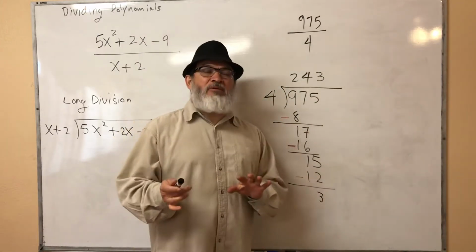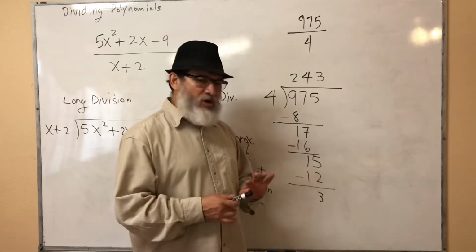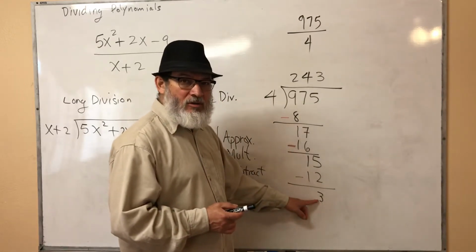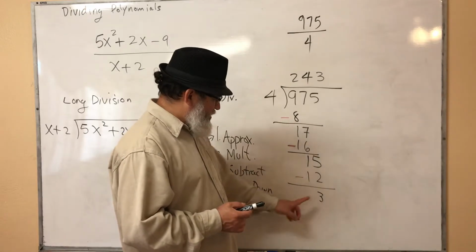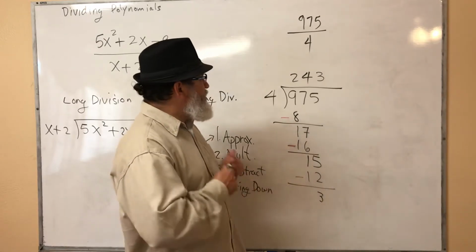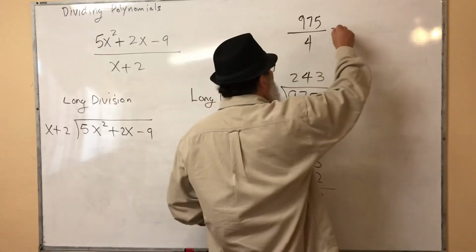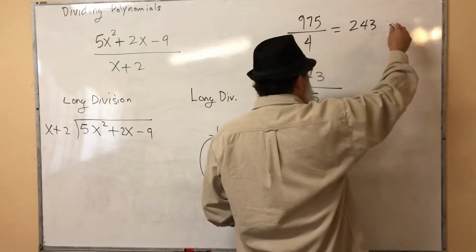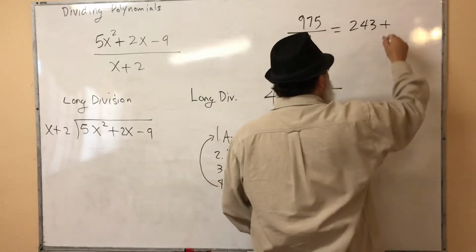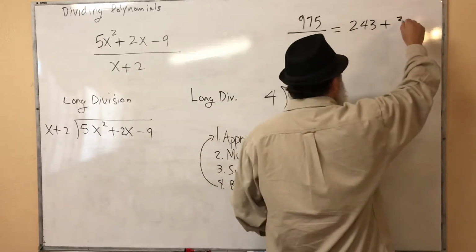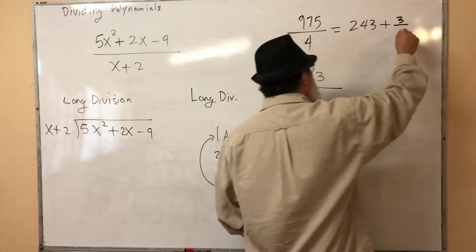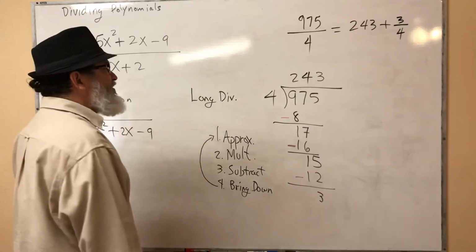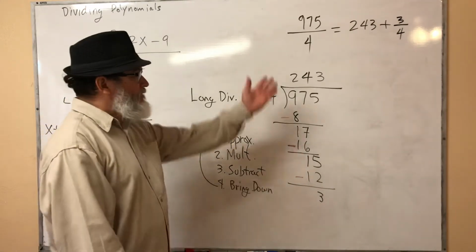Since we're not worried about decimals, this must be the remainder. So therefore, that's our remainder. The answer is 243 plus the remainder, which is 3, over the denominator, which is 4. And we have divided. There we go.